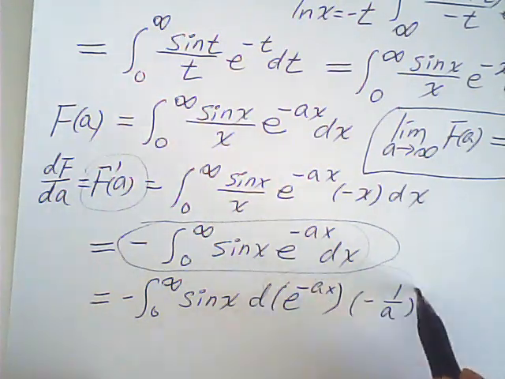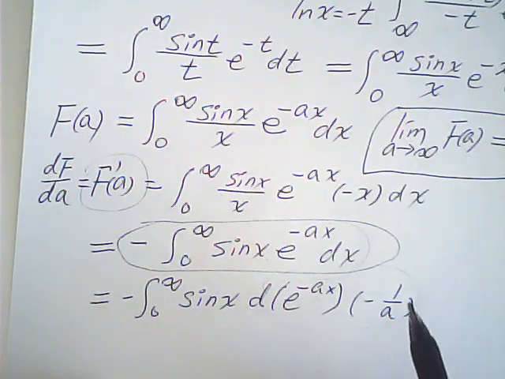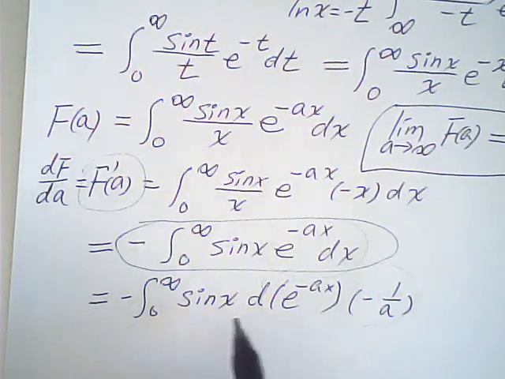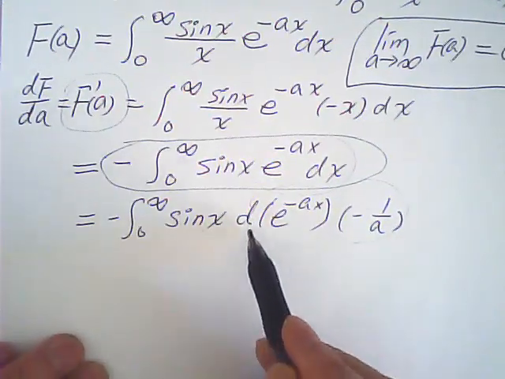So that means this will be e to the negative ax dx. Now I can use by parts, u dv.